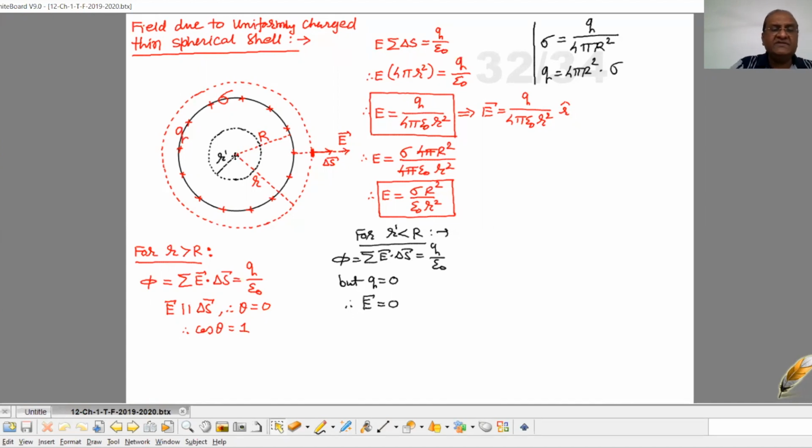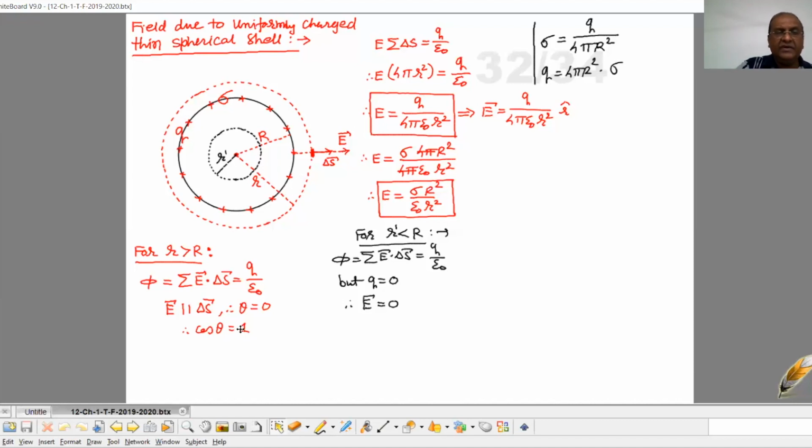As shown in this figure, the Gaussian surface under consideration has radius equal to small r, where small r is greater than capital R. It implies that now we are considering a point outside the charged spherical shell, and the point where we want to find the electric field is on the spherical Gaussian surface. The center of the spherical Gaussian surface coincides with the center of the spherical shell.